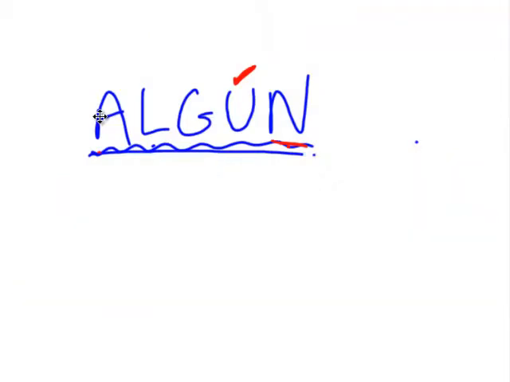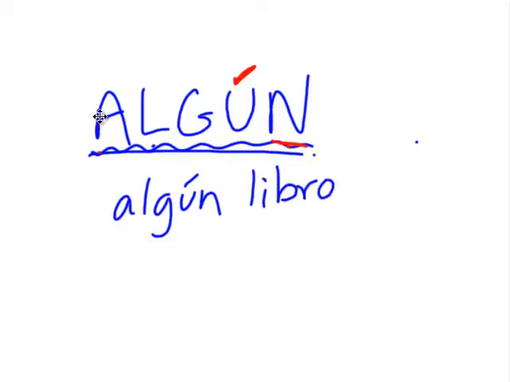Like we would say algunas sillas, I would say algún libro. Algún libro. Okay. ¿Tienes algún libro? ¿Hay algún libro por ahí? Sí, hay alguno. So in other words, same thing.